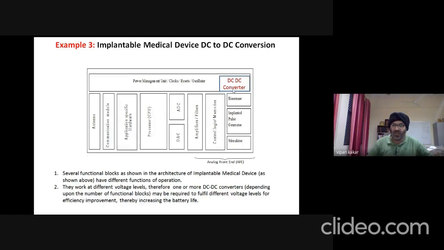So different DC to DC converters, depending upon the requirement, can be built inside the implantable device. They supply the voltages to different blocks based on their requirement. Some supply a fixed voltage, like in this case, 1 volt fixed. And some supply dynamic scaling of the voltage, 1 to 1.5, which can be changed dynamically based on the requirement.